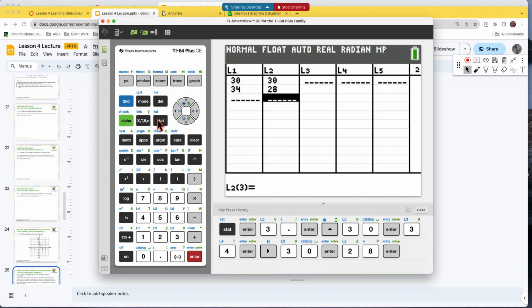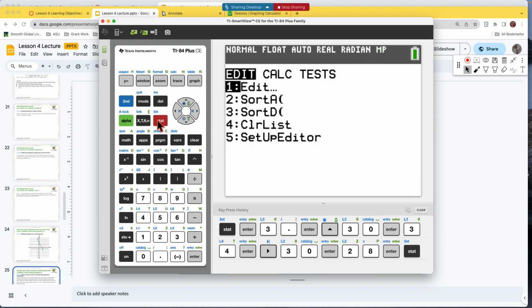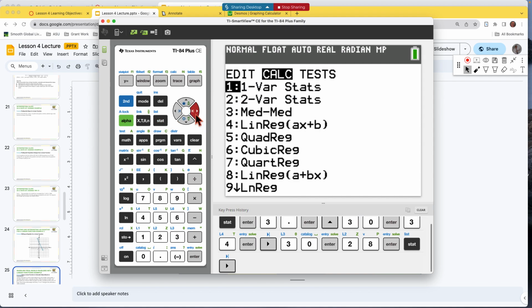What we have to do then is go back to the stat function. And this time we're going to go over to calc. We want linear regression, which is number 4. Notice they also have a linear regression on number 8, which is a plus bx. You could use either one, but just make sure, what they've done is they've switched, ax plus b is probably the one you want.